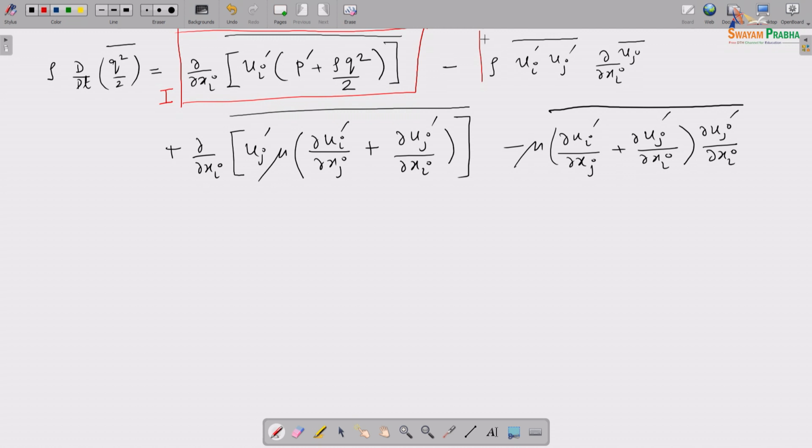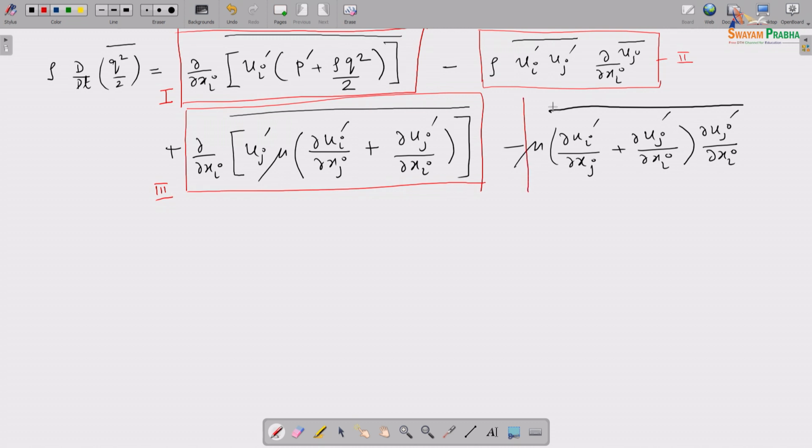Let's call this term 2. This as 3, and this as 4.